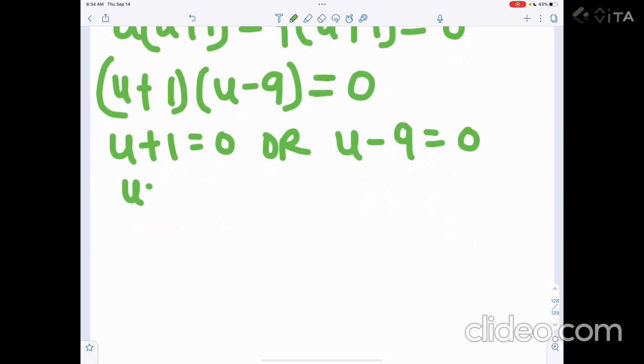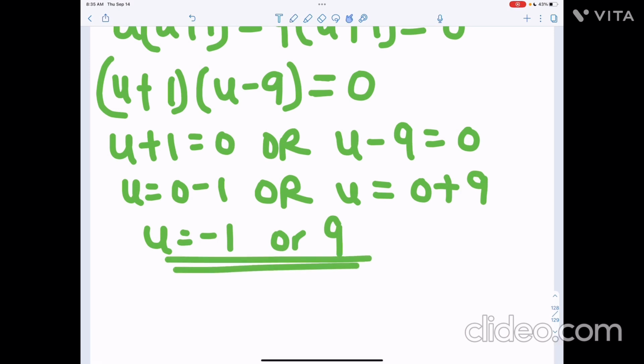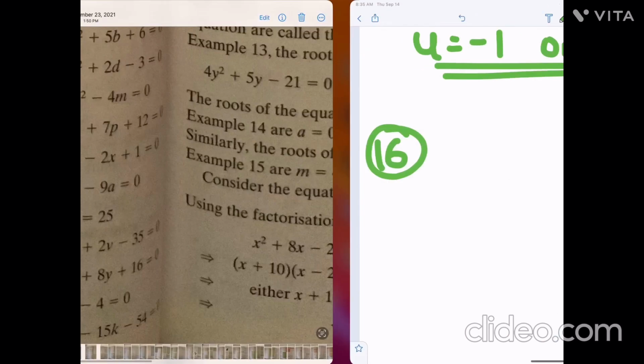So u is 0 minus 1, or u is 0 plus 9. u is minus 1 or 9. That's number 15. Let's go to question 16.